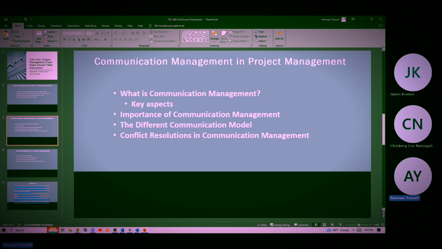So, the different types of communication models for this, I'll just go into a couple of them because I have a bunch. But one is the linear model, one-way communication path where a sender transmits a message to a receiver. An example would be sending out a project status report via email. Another one would be interactive models, where it's a two-way communication that includes feedback.